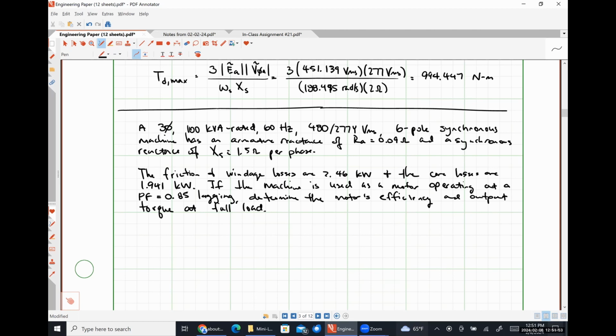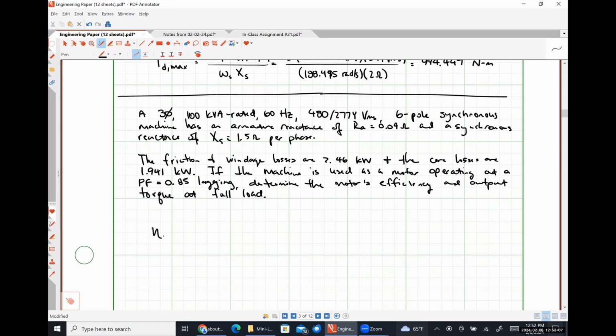All right. So ultimately, we're looking for efficiency. So we know that efficiency, and I'll get it right this time, I hope, is the output power divided by the input power. And since we're working with a motor, our output power is going to be power delivered to our shaft divided by our electrical input power.